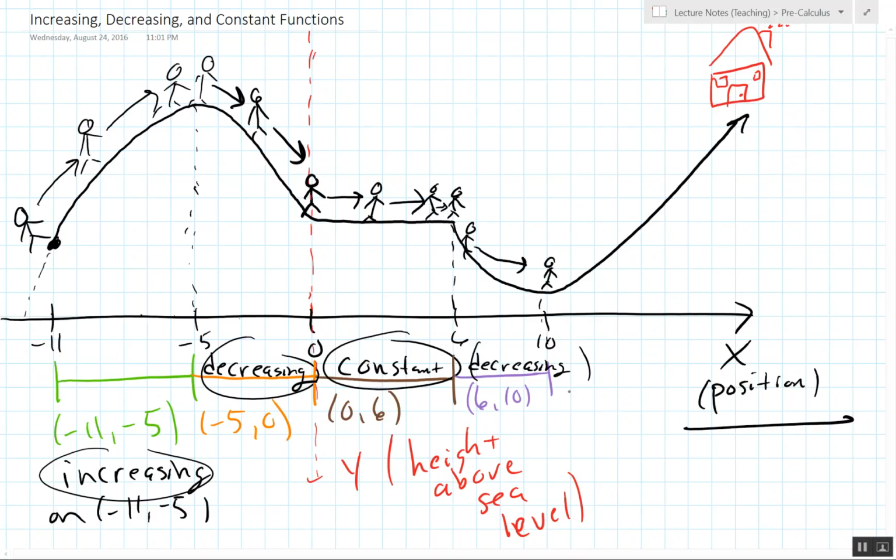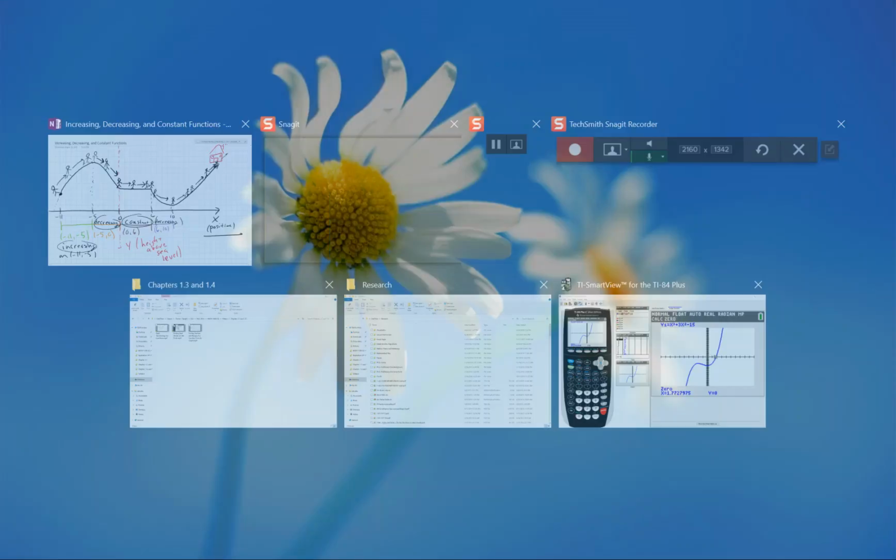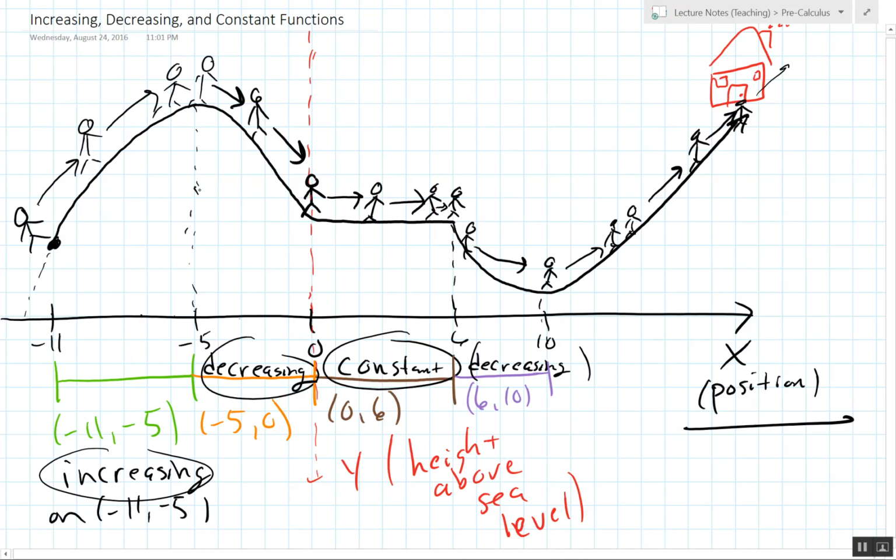And then finally on the last interval, this person starts going up the hill, up the hill, up the hill. And notice that because we have this arrow here, if this person keeps on walking in this direction, this person is going to keep on walking up and up.